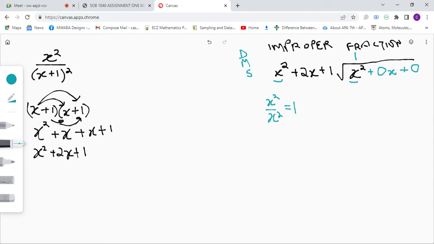After we divide, we multiply. So 1 times x squared gives x squared. 1 times 2x gives us plus 2x.